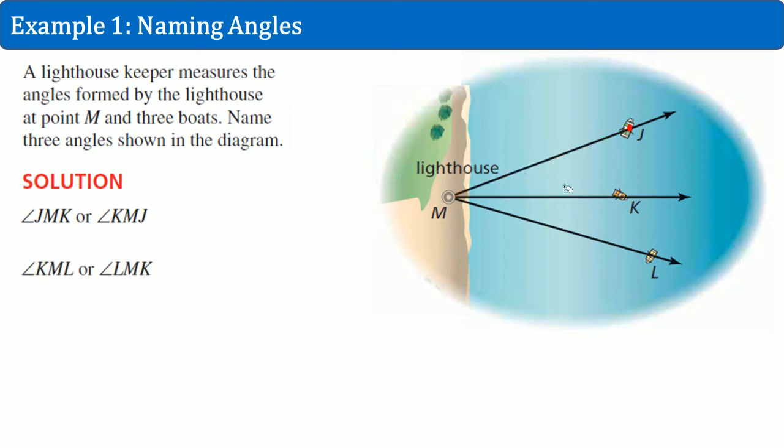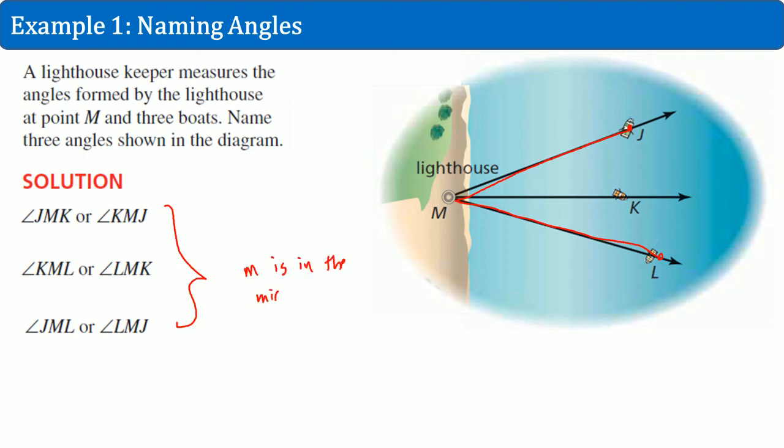Then there's another one called K, which is from the middle, KML. Then we could call the bigger one JML. Notice in all of these, the M is in the middle.